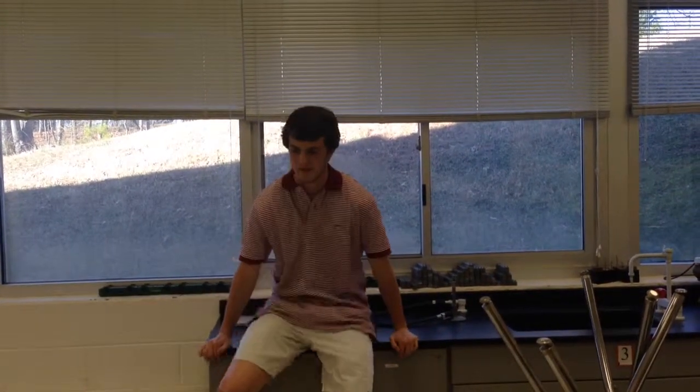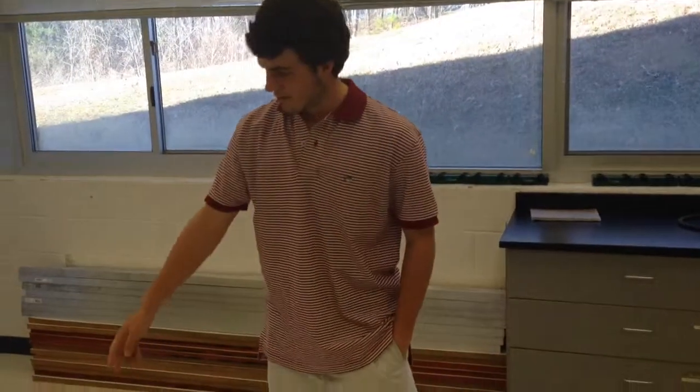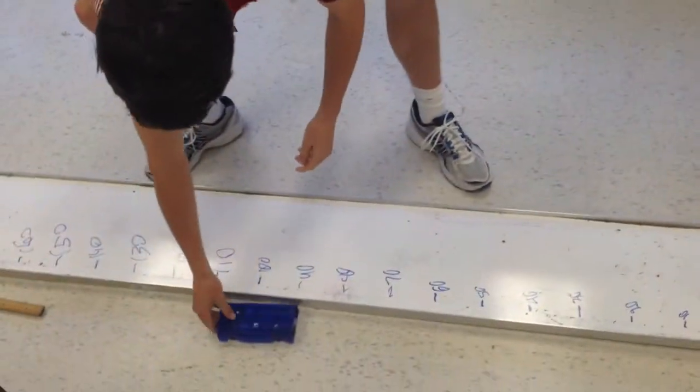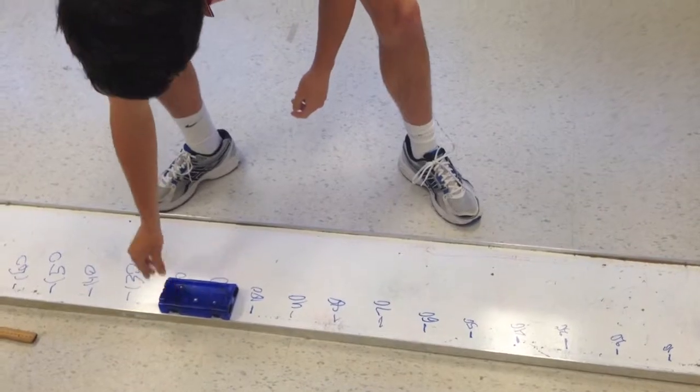What we're going to show, as best as we can, is we've got a board that we're going to use. We're going to put the blue car starting at 120 centimeters, and the green car starting at 0.